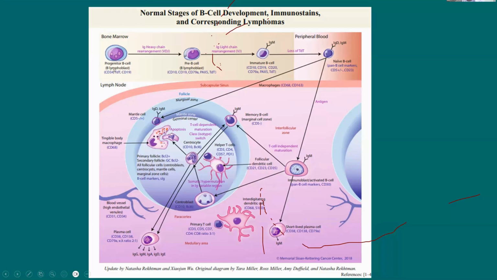If you understand how the changes happen through the lymph node, you will understand which markers are which, and which markers will be positive or negative in any lymph node.